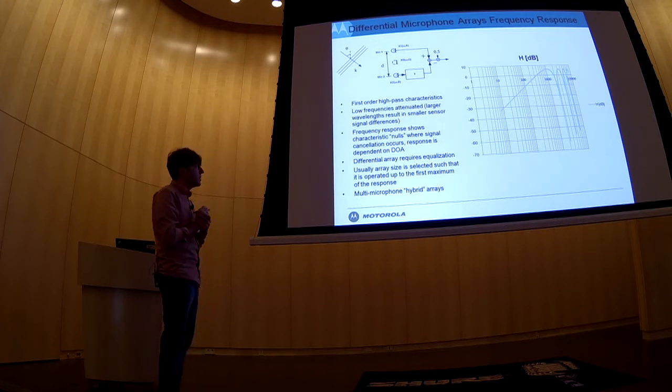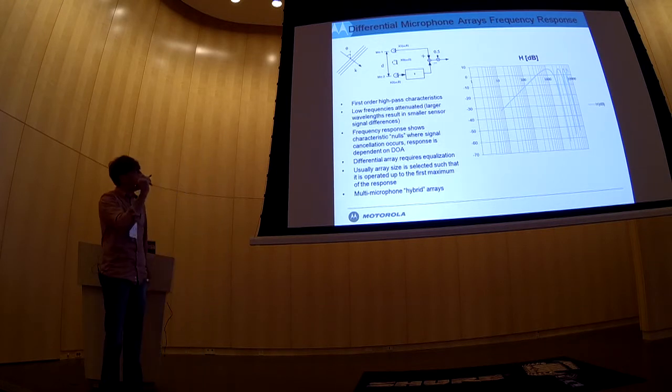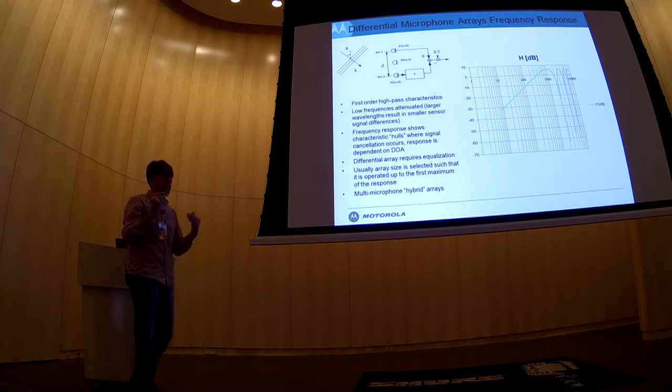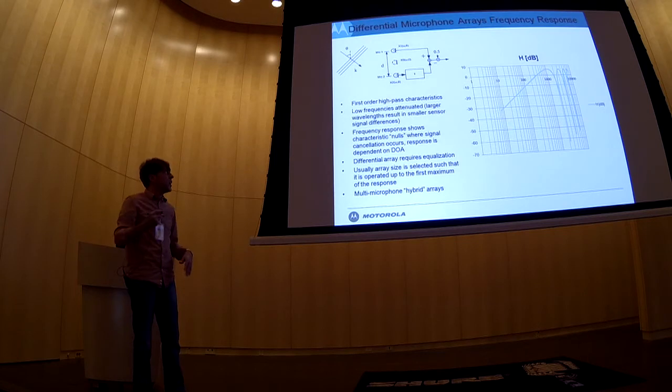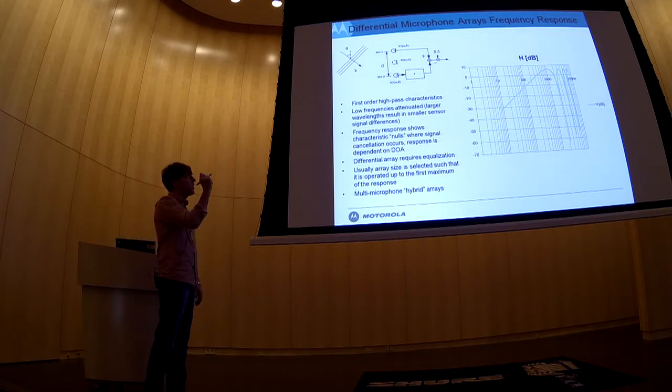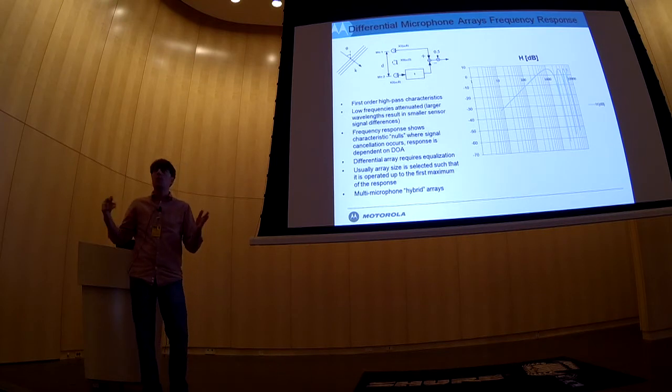Why does it attenuate? Well, it attenuates because of this space diversity that we have, this distance that we have. As the frequency is reduced, for lower frequencies we have larger wavelengths, and in larger wavelengths the differences that we are obtaining will be smaller and smaller.